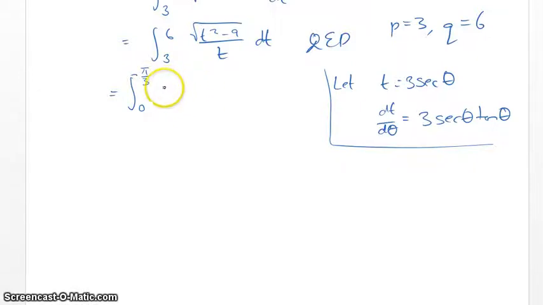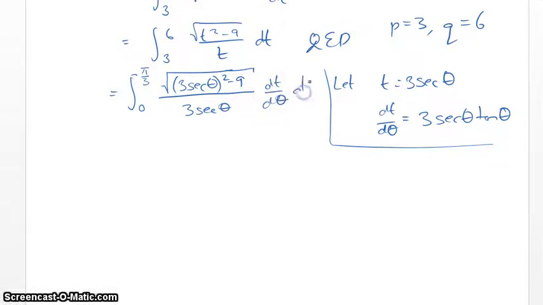So we can now substitute in our terms. This is the square root of (3 secant theta) whole thing squared minus 9, divided by 3 secant theta, times dt/d theta d theta. So what's that going to be?